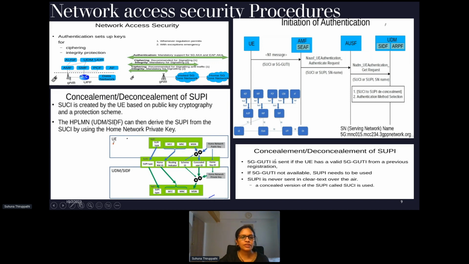So this is how the concealment and deconcealment of SUPI is done. If the GUTI is known, instead of the SUPI, the GUTI would be sent over the network.